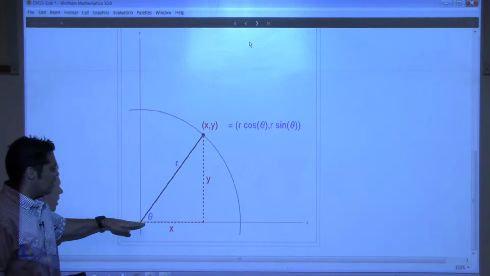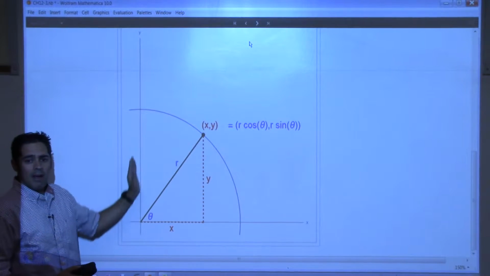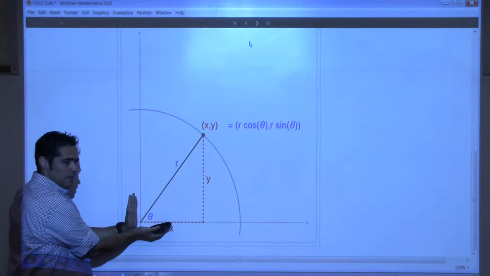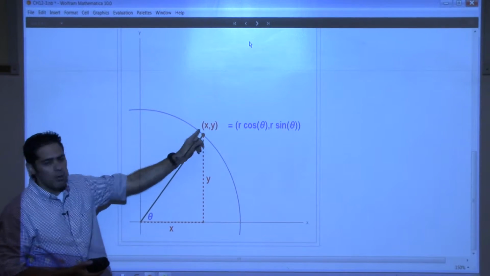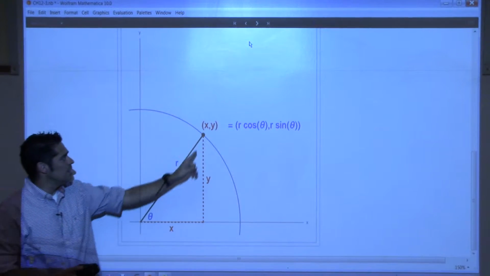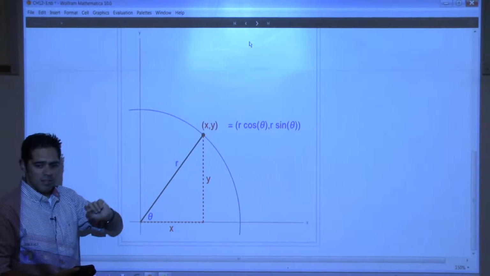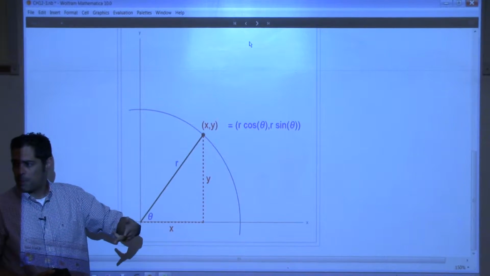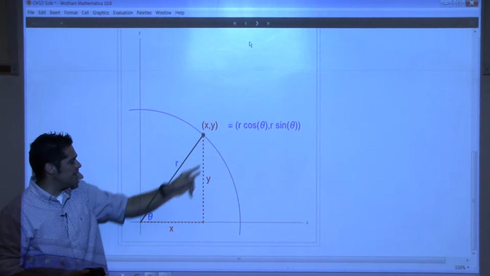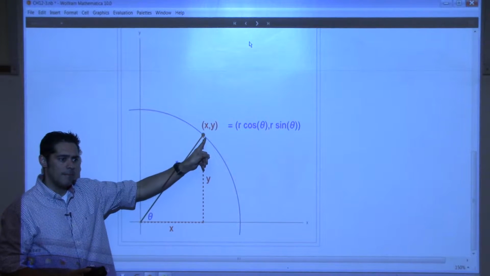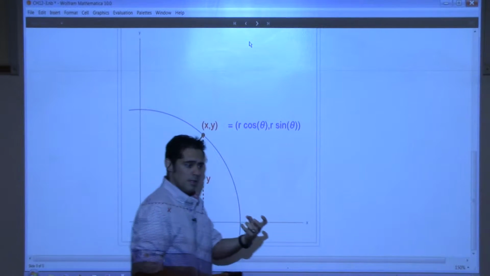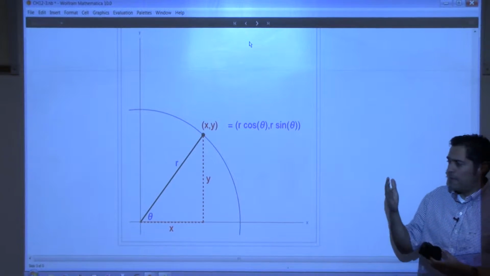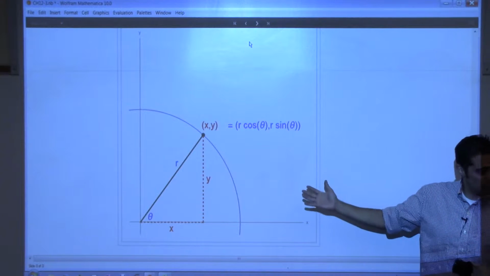From the origin, we construct 2 axes, the x and the y axes, orthogonal to each other, perpendicular, right? To describe a point, the x and y values tell us how far we would travel in the direction of the x-axis and then the y-axis respectively. So if this was 2, 3, it would mean go out this way 2 and up 3, right? That's Cartesian coordinates. And in 3-dimensional space, it's x, y, z, and you have 3 axes as opposed to 2.